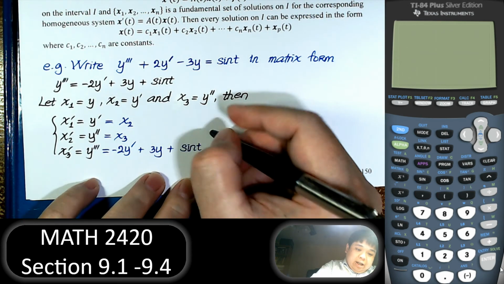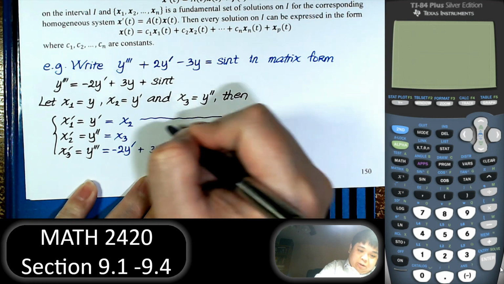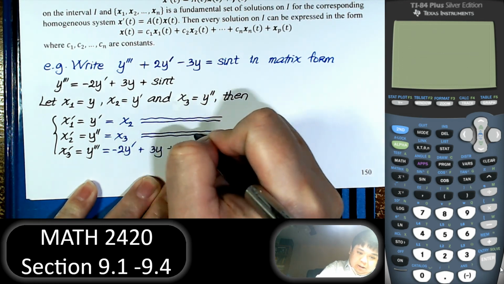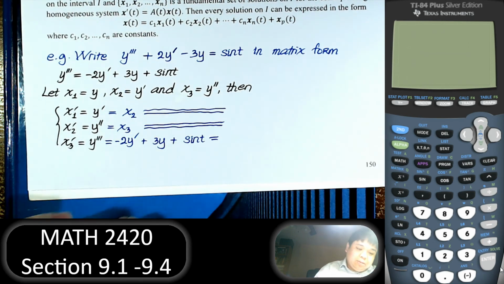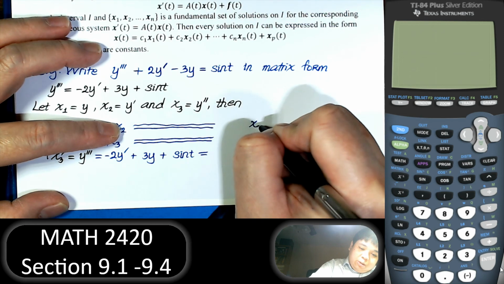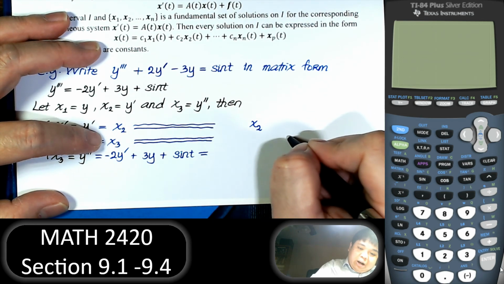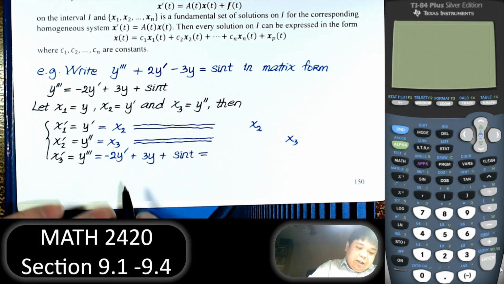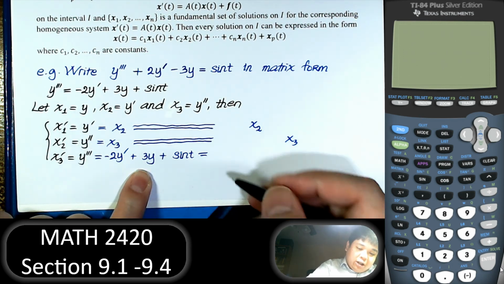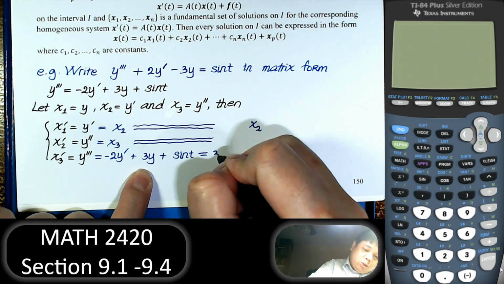So if we put this in matrix form, actually I'm just going to do that. There is no x1, but there's x2. There's no x1 or x2, but there's x3. And here we have y, which is x1, so 3y is 3x1.